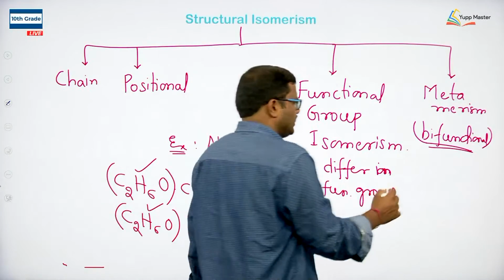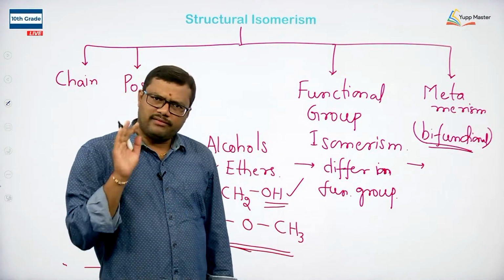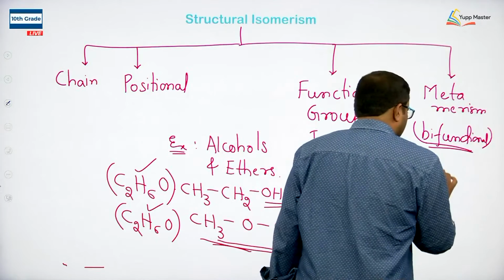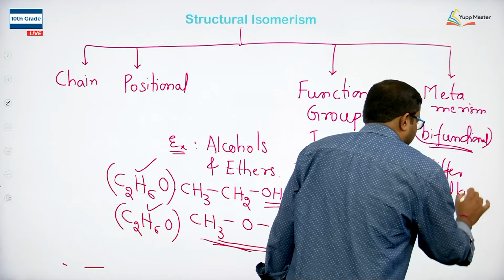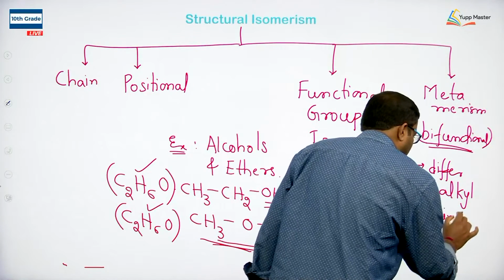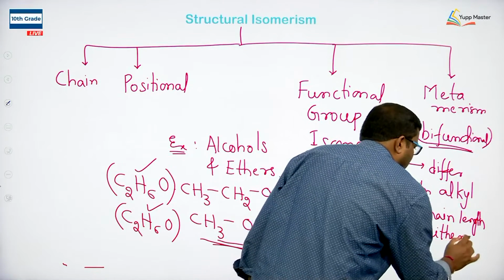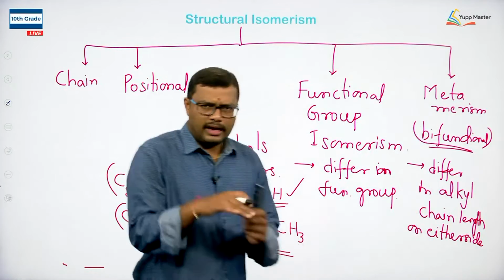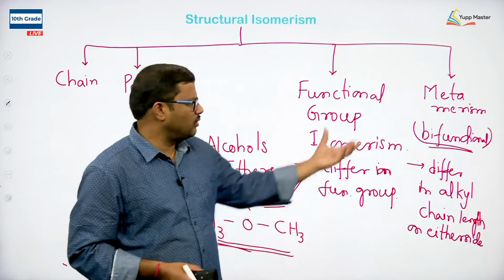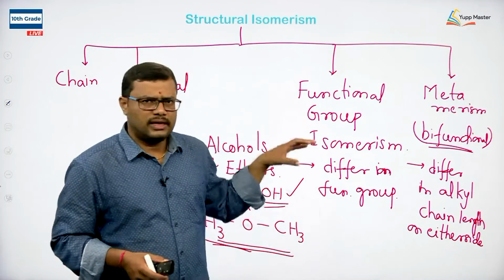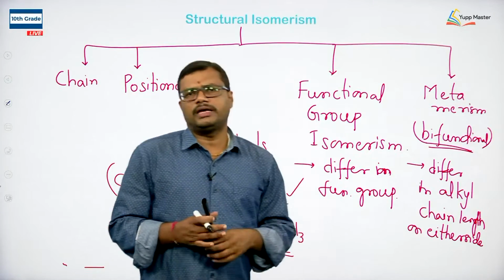In other words, metamerism is when organic compounds have the same chemical formula, but they differ in the alkyl chain length on either side of the functional group. On either side of the functional group, the number of carbon atoms present is different. That is how they give us isomers, and those isomers are called metamers, and that phenomenon is known as metamerism.